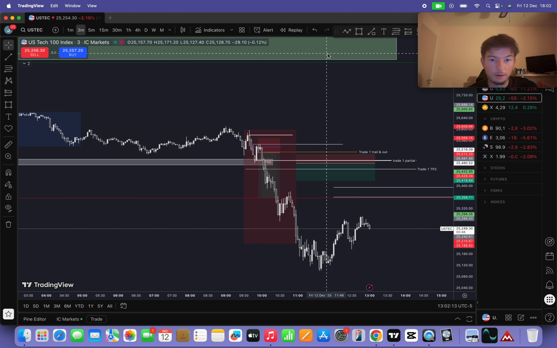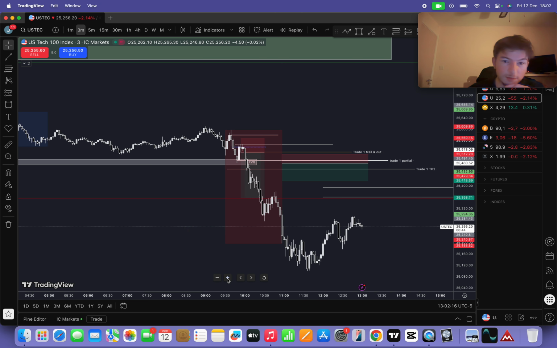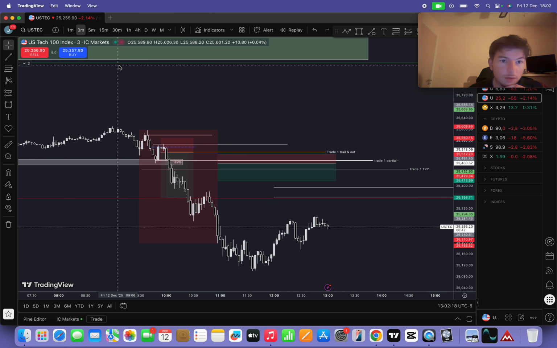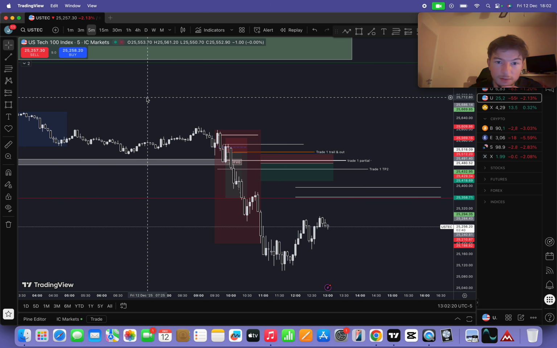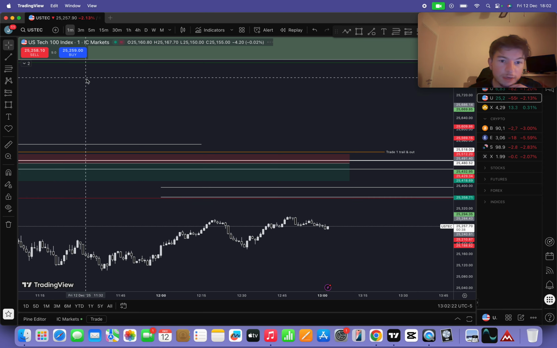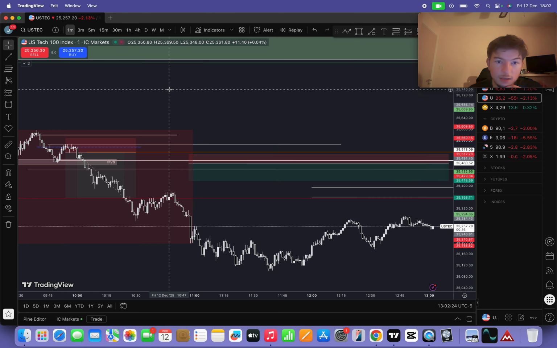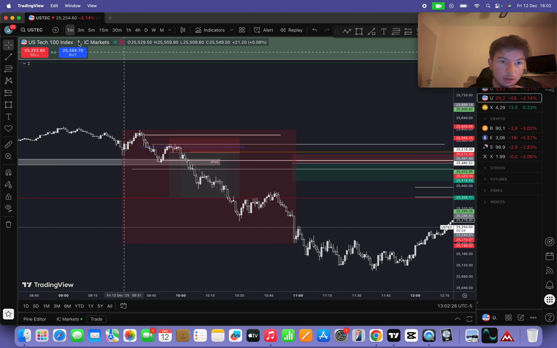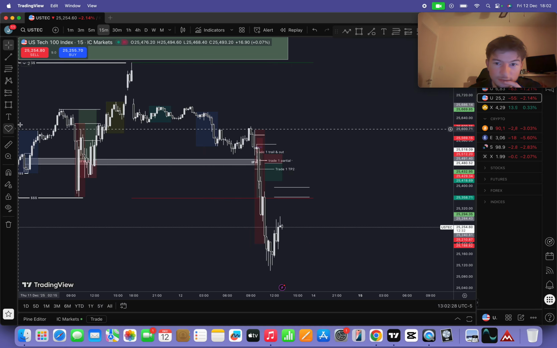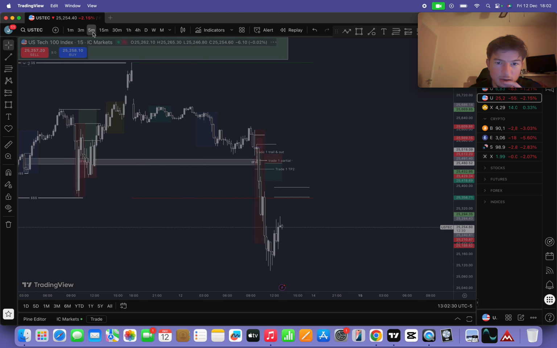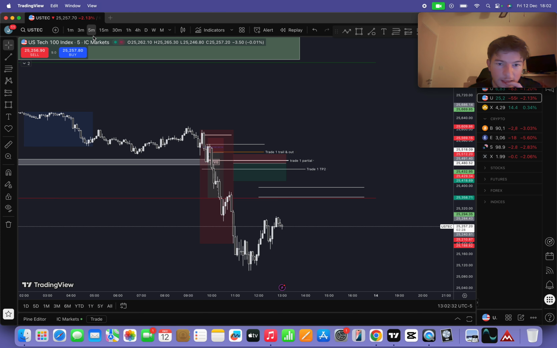Where did we go? Let me just zoom in a little bit more. So that fair value gap was on the 1 minute, I believe. Just reset that. What chart was that on? Was that on the 15 minute? So I think this imbalance is this here, from the shift.